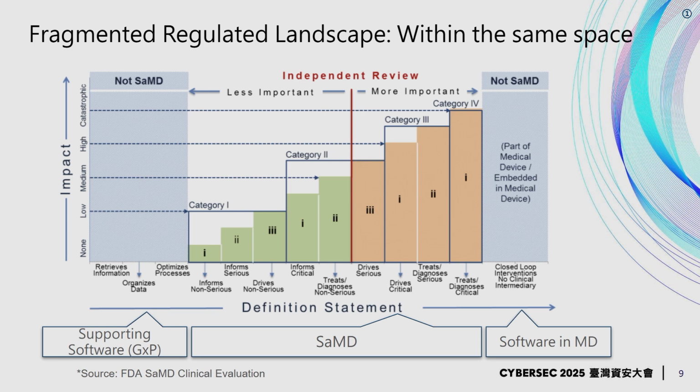All those have different levels of requirements, and within those categories, there are subcategories with different levels of requirements based on their risk. So this is the first challenge for every team building a product in this space: to identify in which category and which type of requirements is needed for the product.